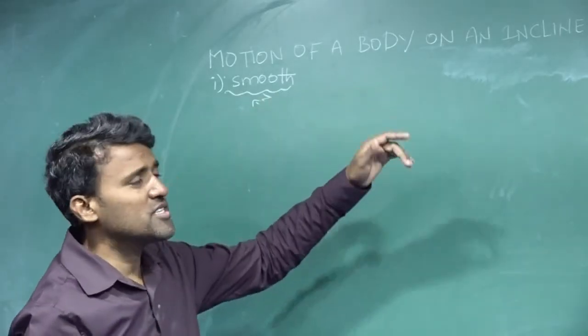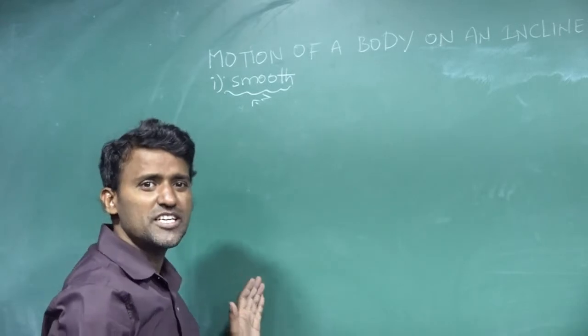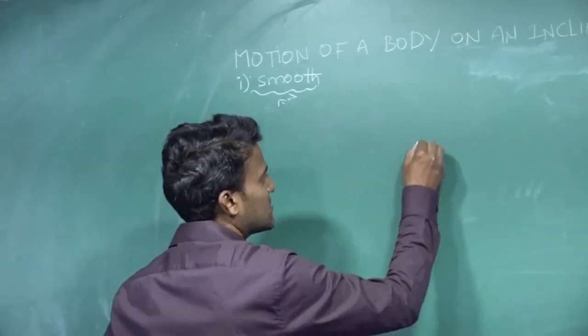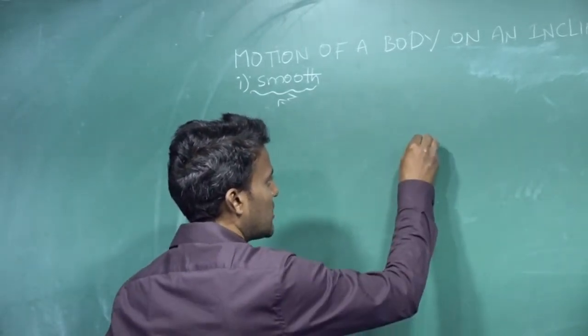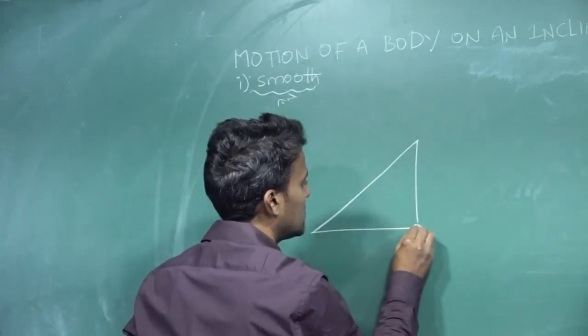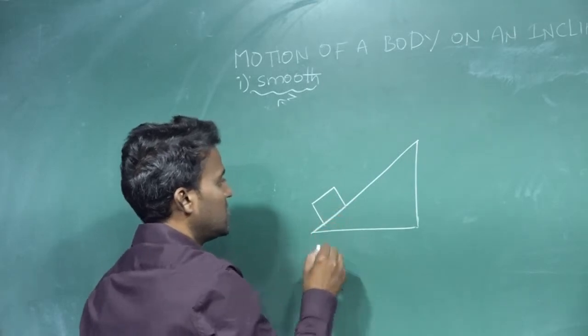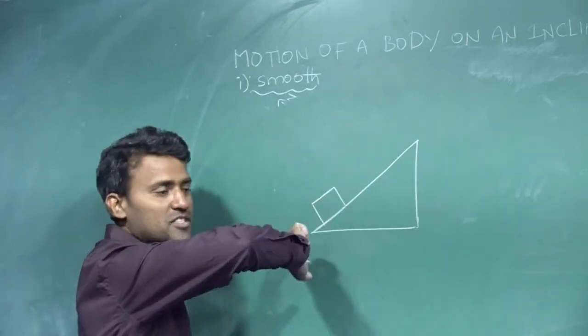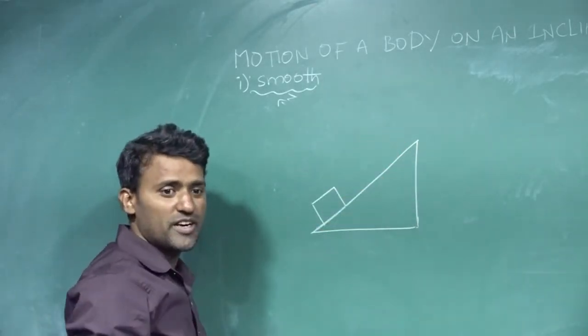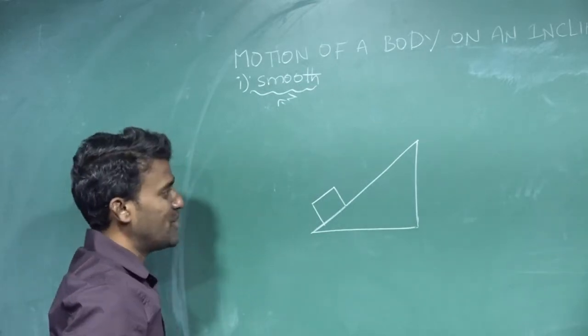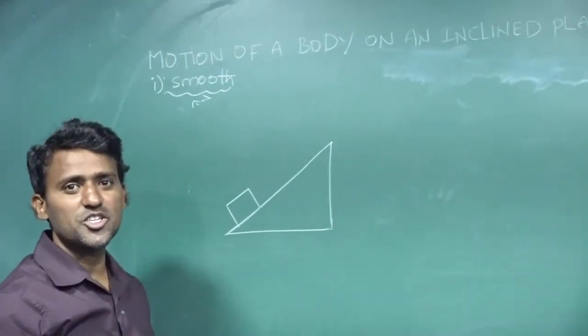Motion of a body on a smooth inclined plane. Now the object is going in the upward direction on an inclined plane. The object is projected upward. At that moment, what is the acceleration of the block?